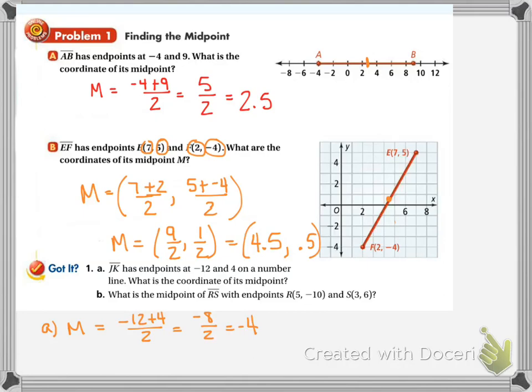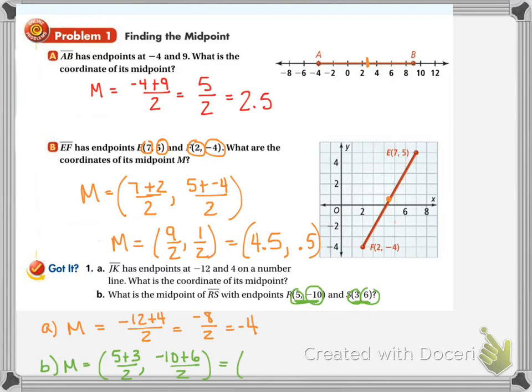And if we have line segment RS, now we're dealing with an ordered pair, an x and a y. So to find the midpoint of that, we're going to take the two x values, 5 and 3, add them together and divide by 2, and the two y values, -10 and 6, so -10 plus 6 divided by 2.